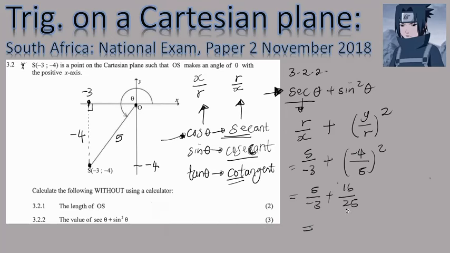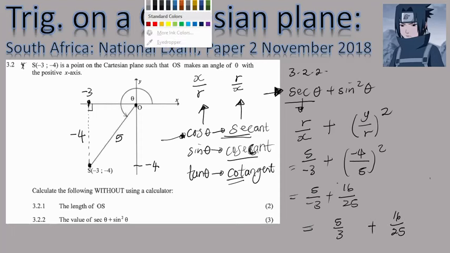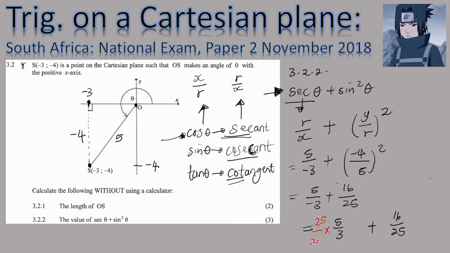The LCM of 25 and 3, what do they have in common? I think that's 75. So I'm going to say 5 over 3 plus 16 over 25. I make the denominators the same, so I multiply this side by 25 over 25, and this side by 3 over 3.